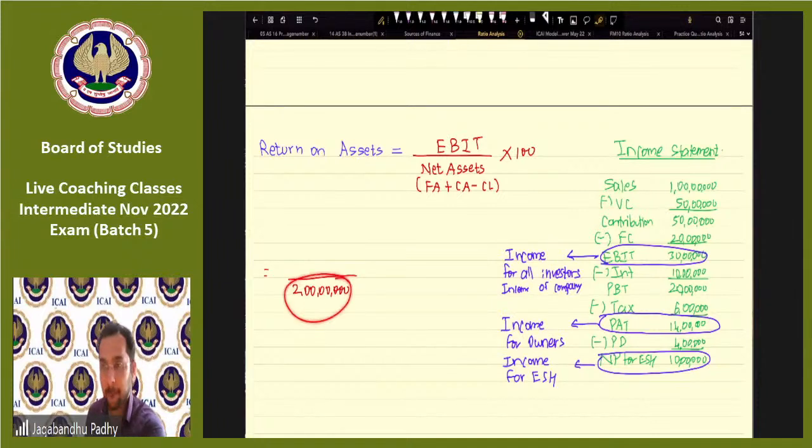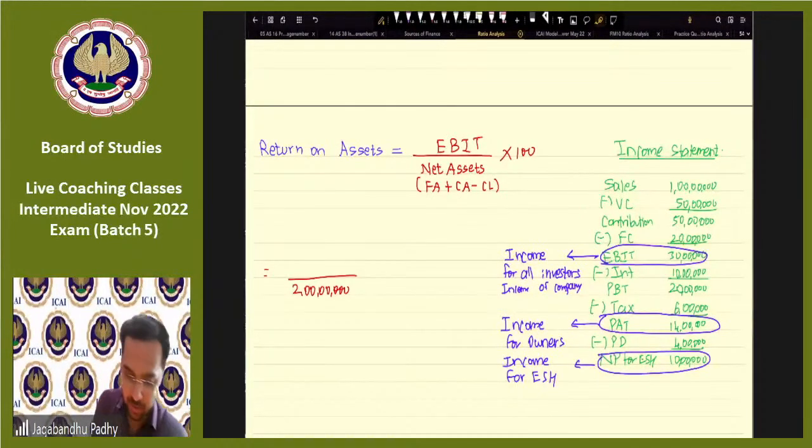On this 2 crore, the company is earning EBIT, earnings before interest and tax, an amount of 30 lakh.